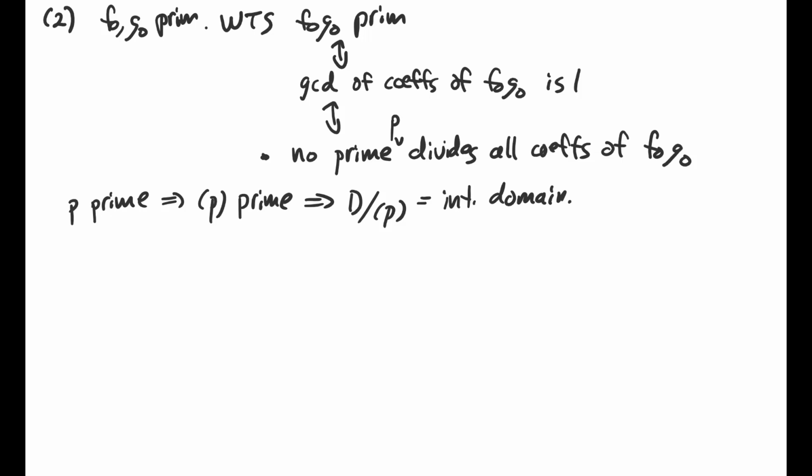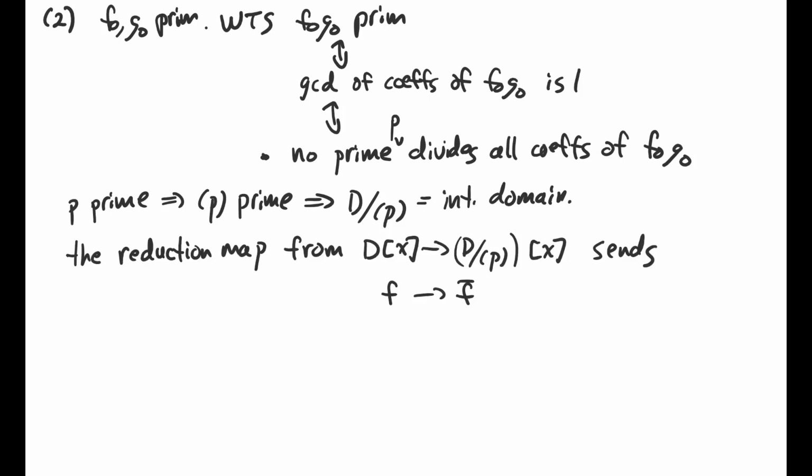Now I want to soup this up with something called a reduction map. There's something we call the reduction map, and we'll study this more. It goes from D[x] to (D mod (p))[x], the ideal generated by p.